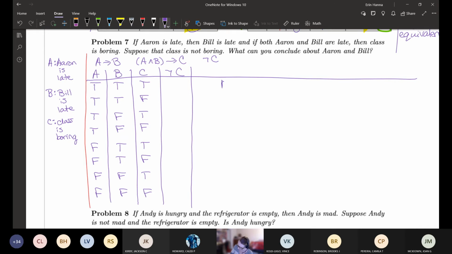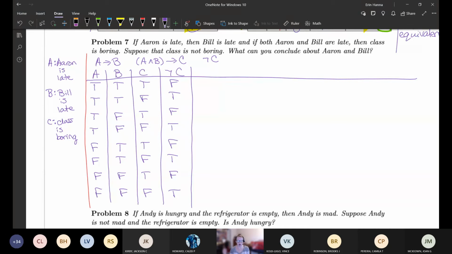So it'll be false, true, false, true, false, true, false, true. And hold on a second, because y'all might need to catch up. So we've taken care of not C.